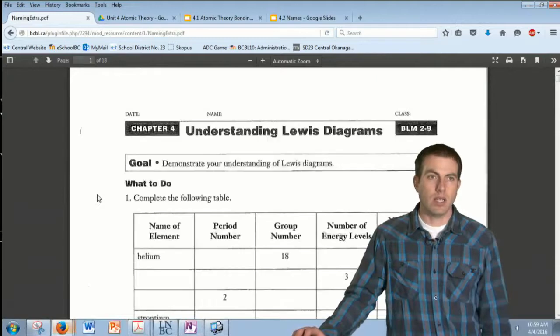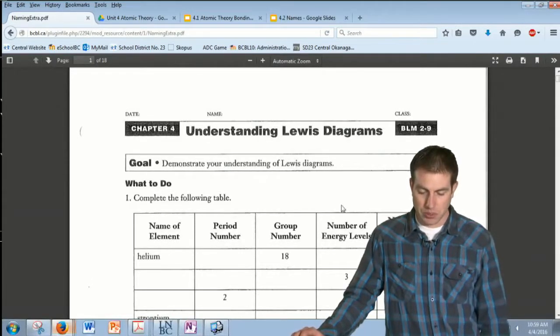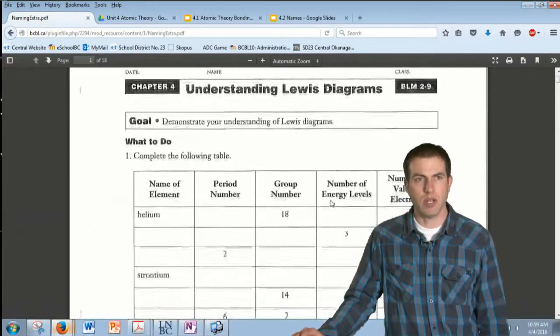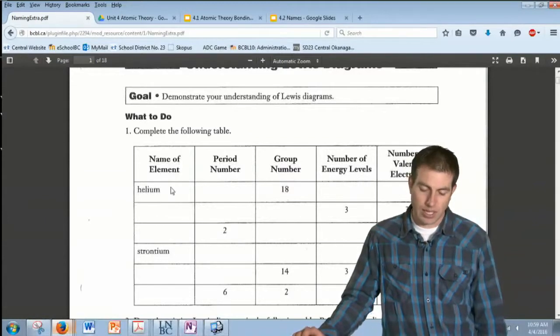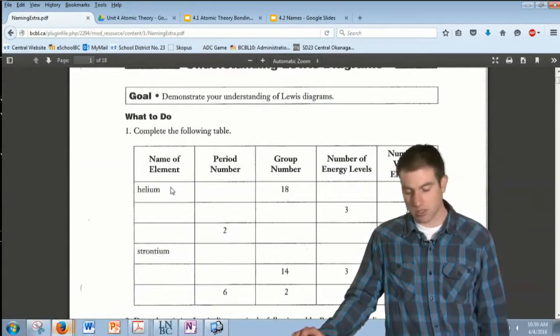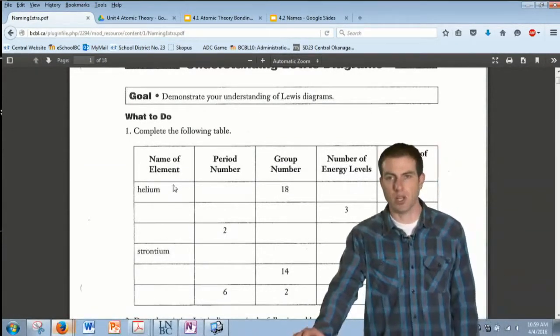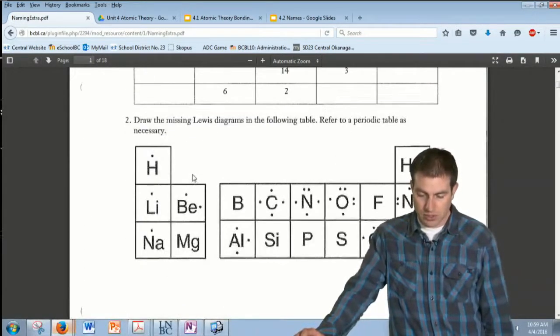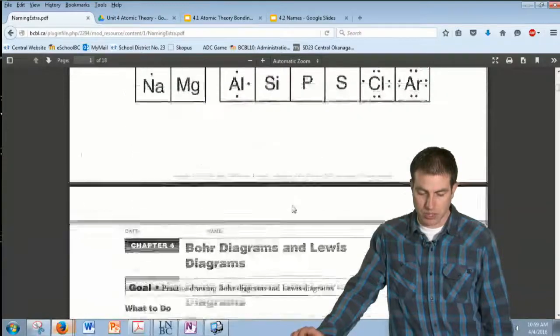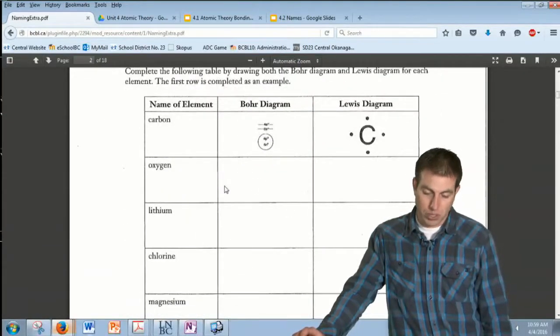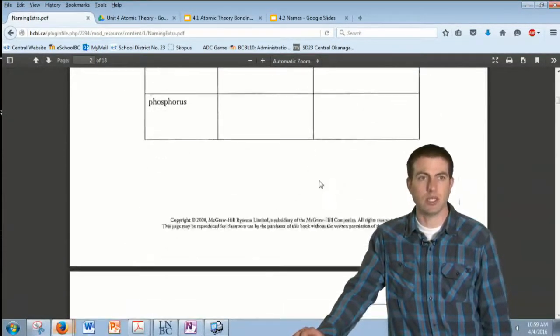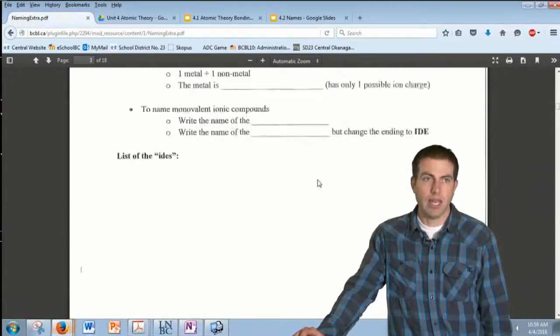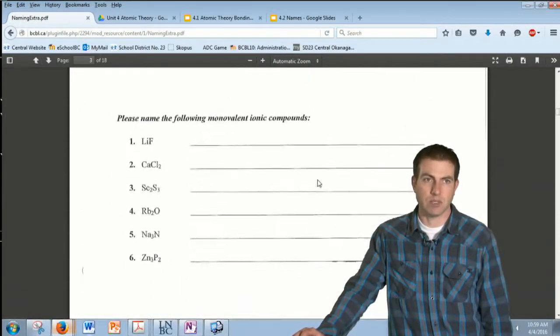Now, once you open it up, it starts with Lewis diagrams, which is kind of a review of atomic numbers and energy levels and valence electrons and all that stuff that we did at the very beginning. It asks you to fill in the missing Lewis dot structures, Bohr diagram and Lewis structure, so you can see the similarities between those. And then I get into some of the naming stuff.